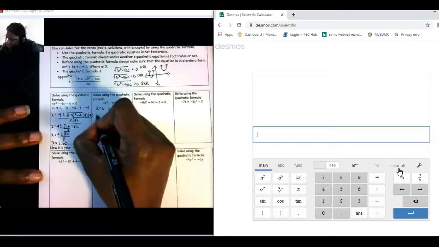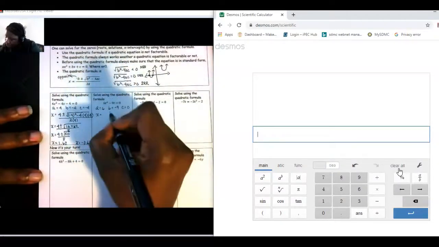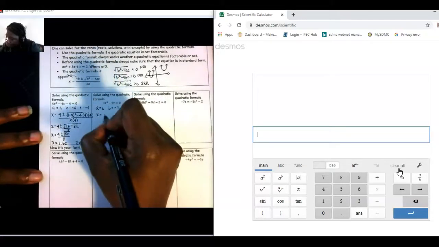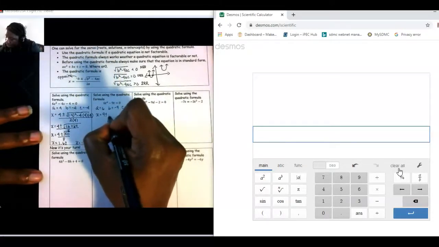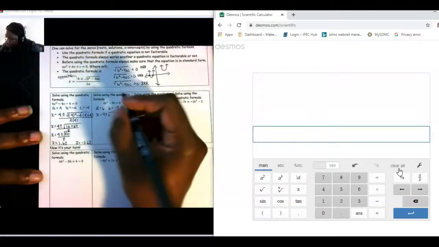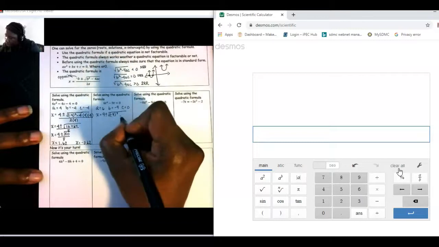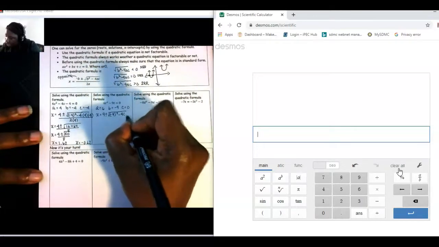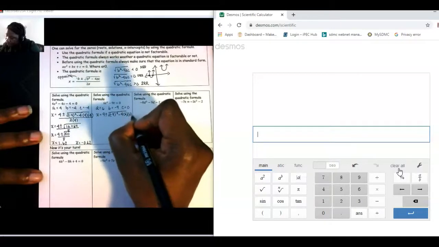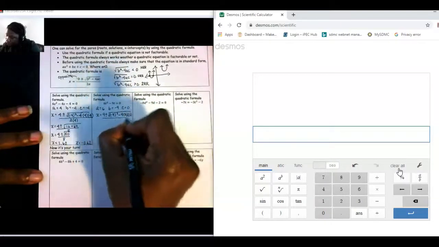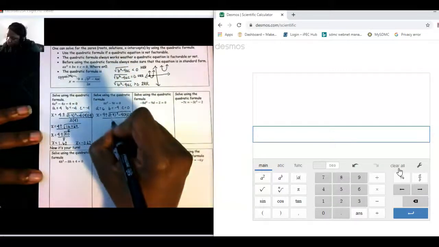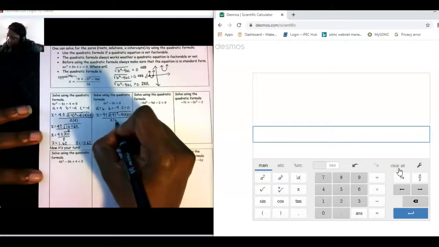And then we've got x is equal to, well, the opposite of the B term is 9, plus or minus the square root of, or B squared, that's negative 9 squared minus 4 times 6 times 0 all over 2 times 6.